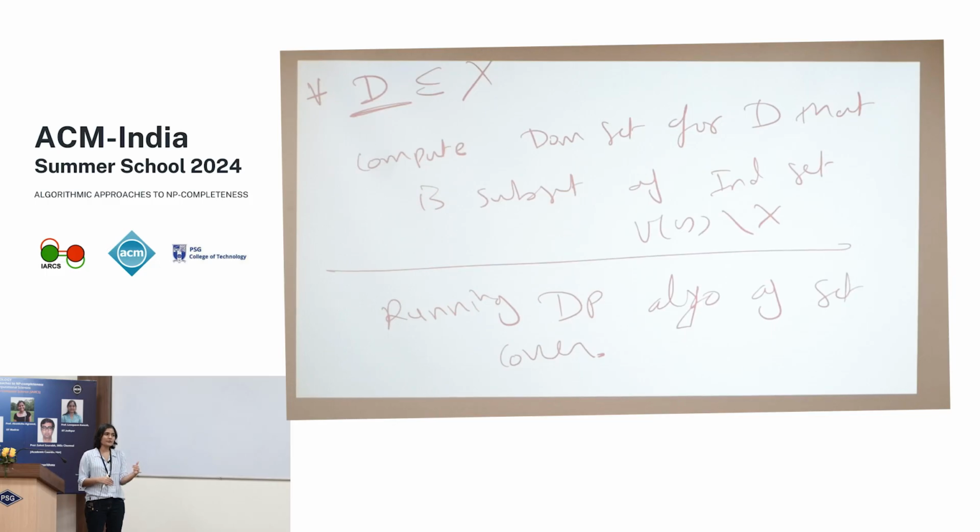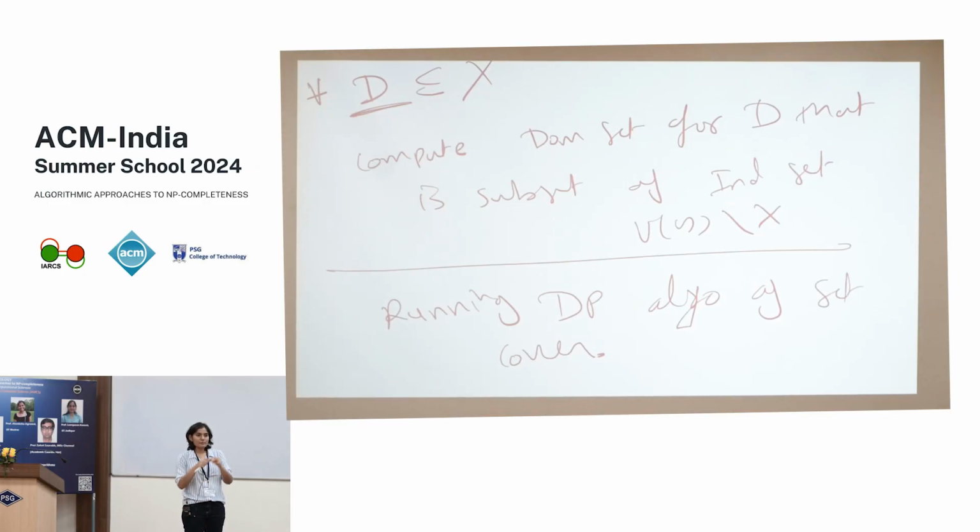Now I have a dynamic programming table stored for me. I can just go and take this entry from there, right? Yes. The value of that. We have a close neighborhood of the vertex, plus the vertex. Not the vertex. So we will get rid of the independent set vertex because we don't want to dominate that. We only want to dominate the universe, which is the vertex cover vertices for me.